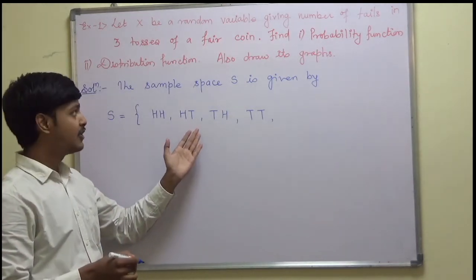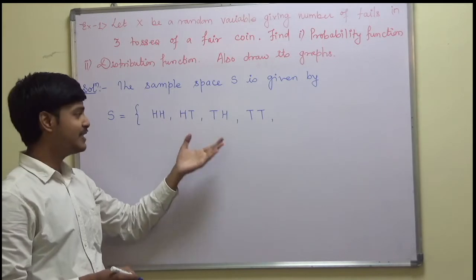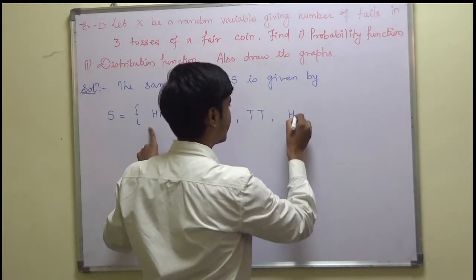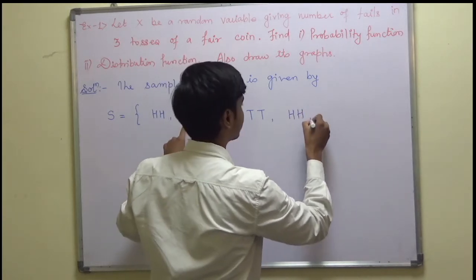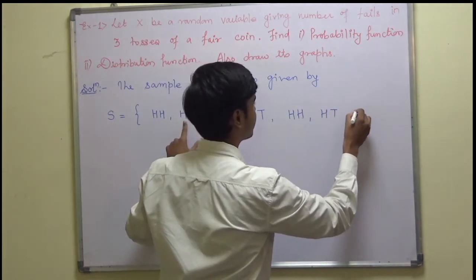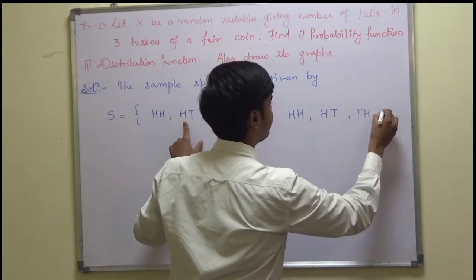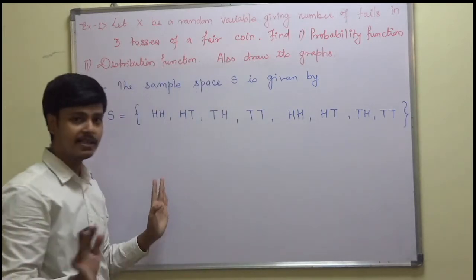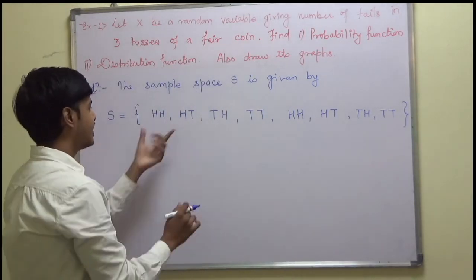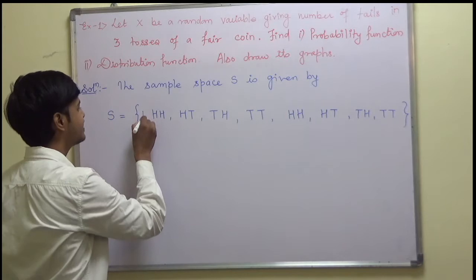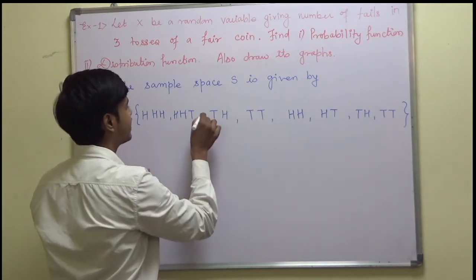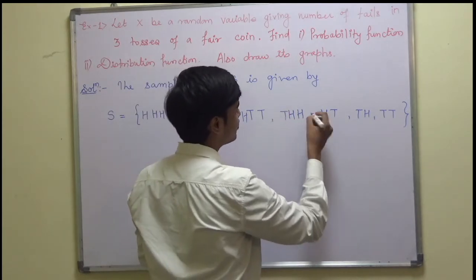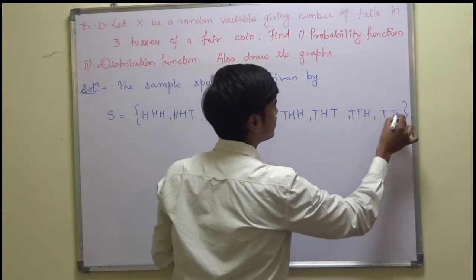Very simple. So for 3 coins, you just need to repeat it again. So again, this should be there: head head, head tail, tail head, tail tail. Done. Now in the first 4 elements you write heads, and in the next 4 you write tails.